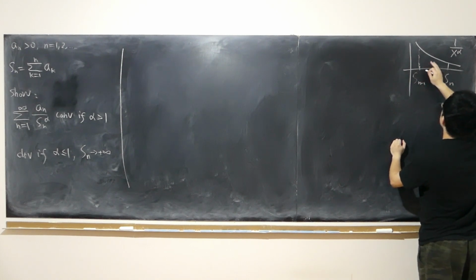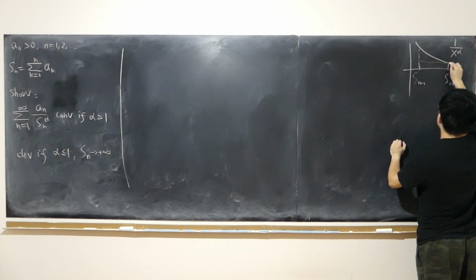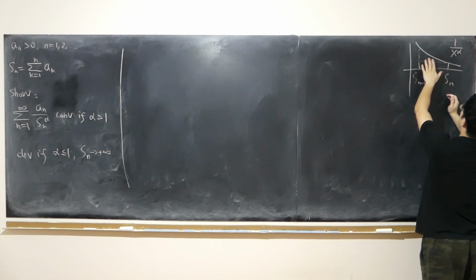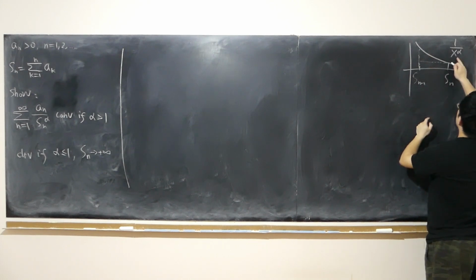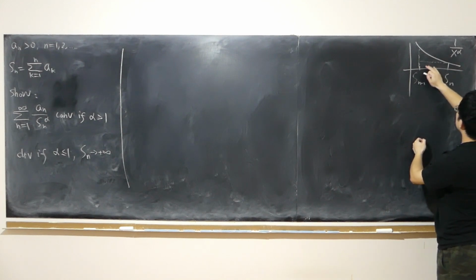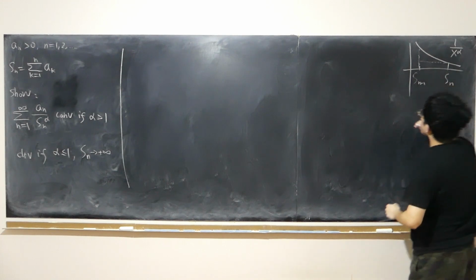Now, this rectangle is smaller than the area under this curve, right? So that must be true. So if I replace x with Sn, then do the integral, the rectangle is smaller than this area.